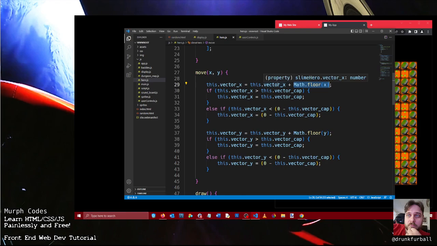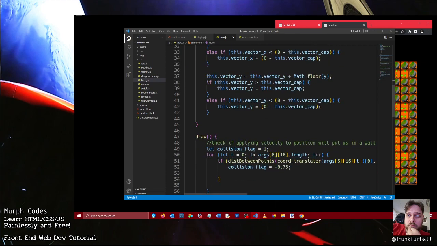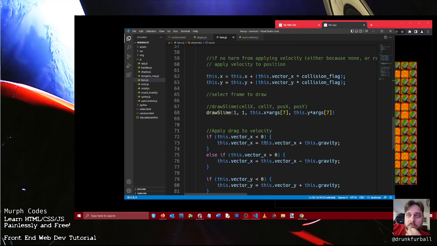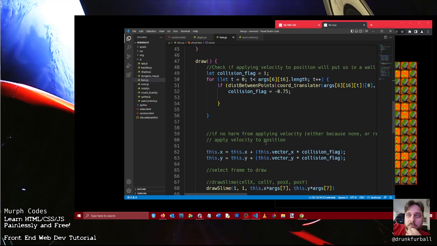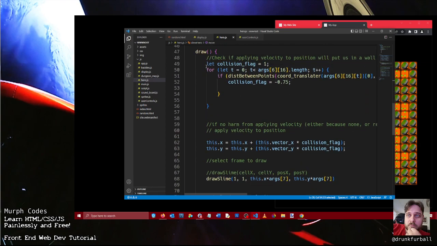And we're adding that to whatever the existing vector is. This will allow it to compound momentum, you know, as long as we're overcoming the draw loop of 60 times a second.